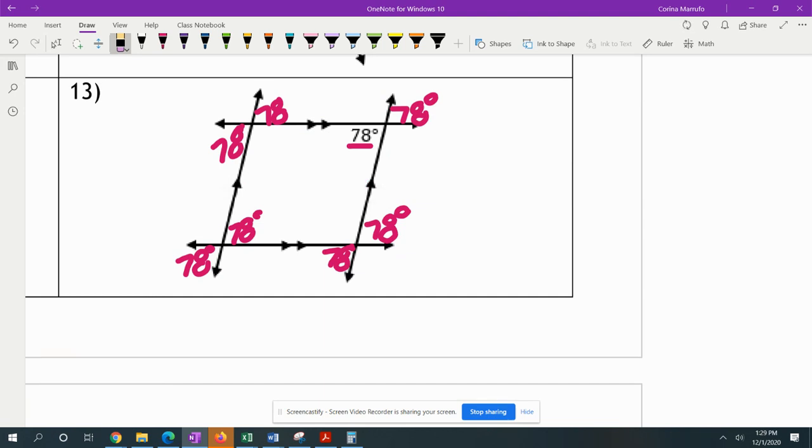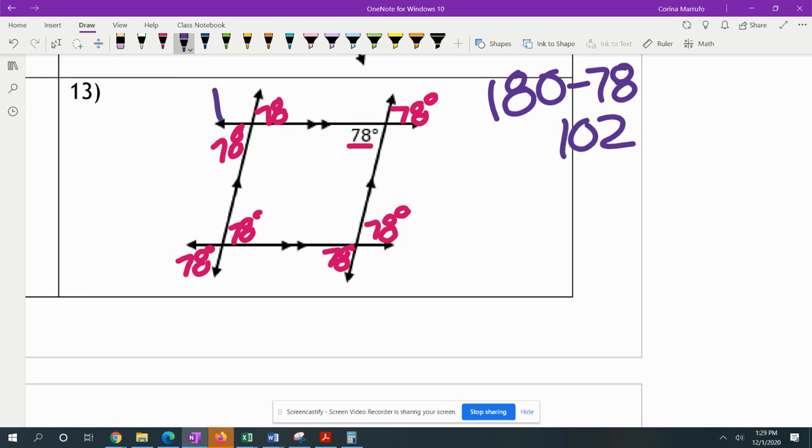Okay, so then to find these obtuse angles, we do 180 and we subtract 78, and that gives us 102. So that means all of these are 102 degrees. Okay, so you only have two options for these numbers, so it's very hard to get these wrong.